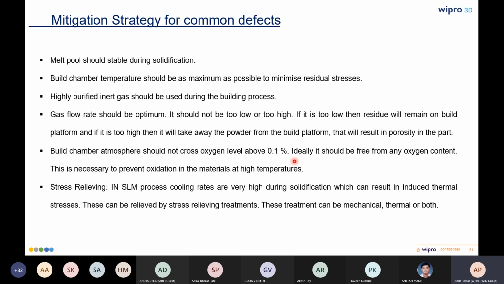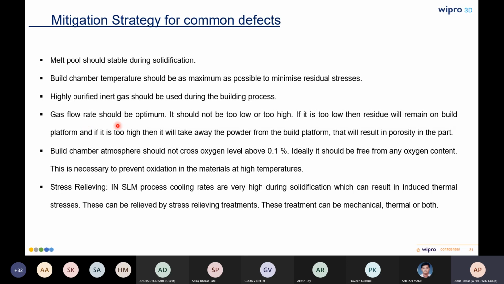When it goes below 0.1%, only then will the machine allow you to start the build. Ideally it should be free from oxygen, as this is necessary to prevent oxidation of the materials at high temperature.